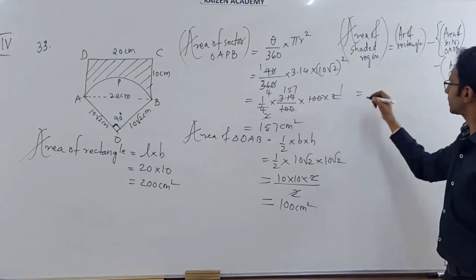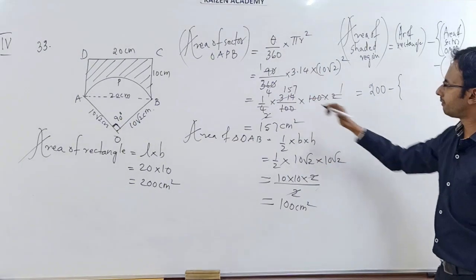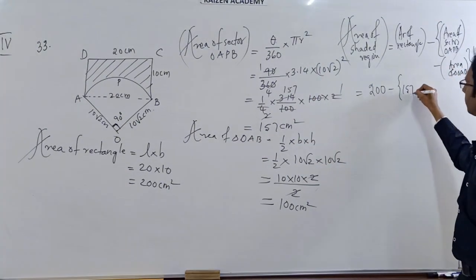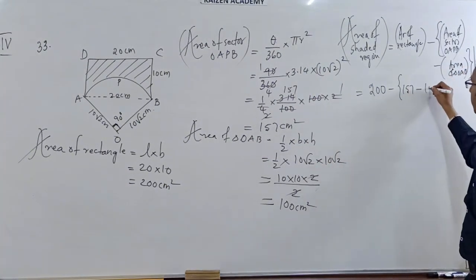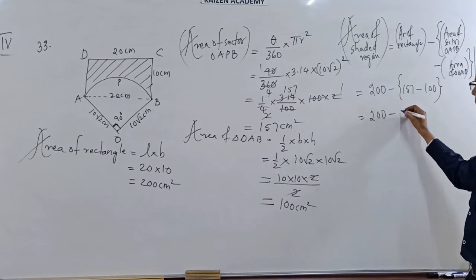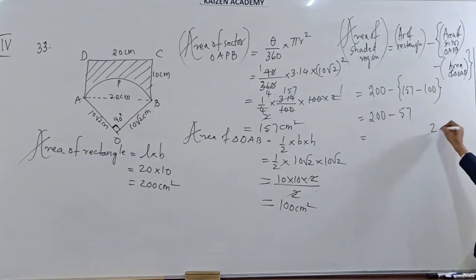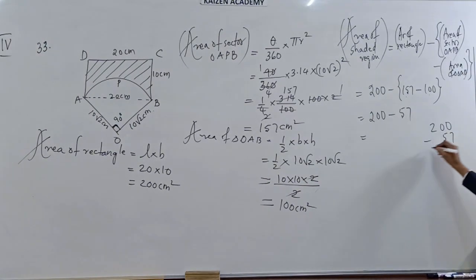Area of rectangle is 200 minus area of sector is 157 and area of triangle is 100. So 200 minus 157 minus 100 is 57. So just subtract 200 minus 57.